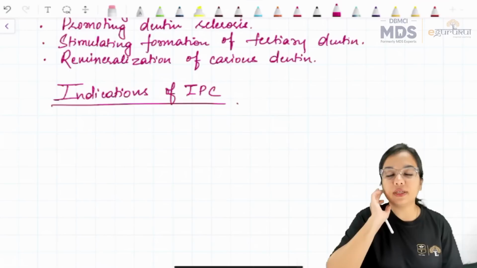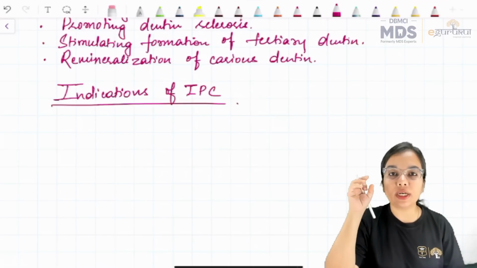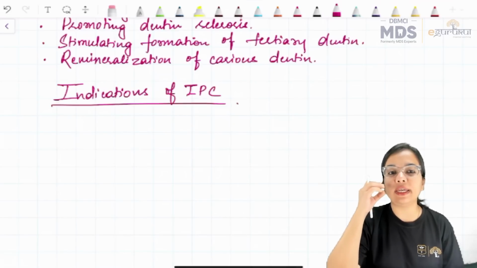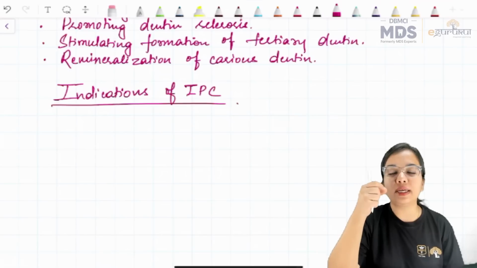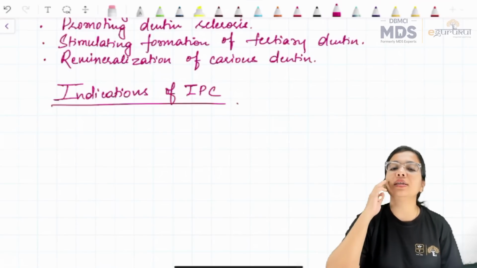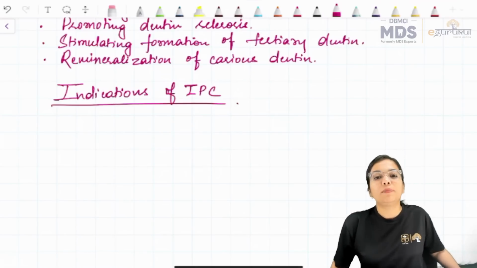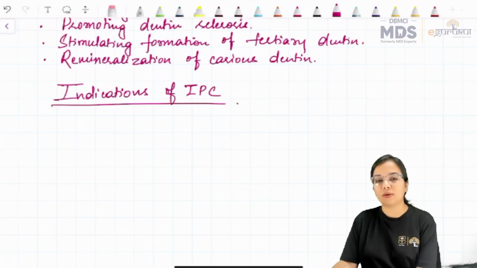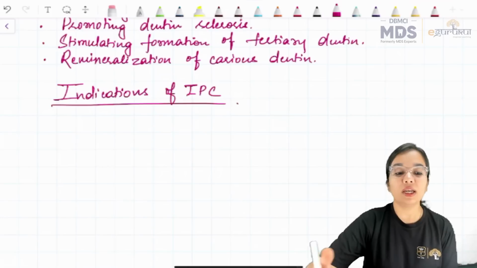For example, the patient might give a history that whenever I eat anything sweet or hot, I feel a little uncomfortable, a little pain or sensitivity in this particular tooth, but it does not bother me. The patient is not bothered by that feeling of discomfort, but can very well mention it and differentiate that there is something different.